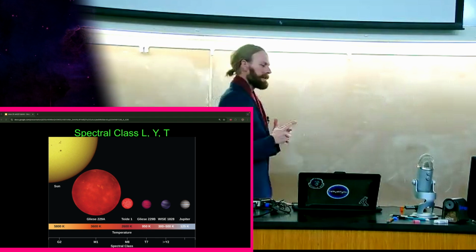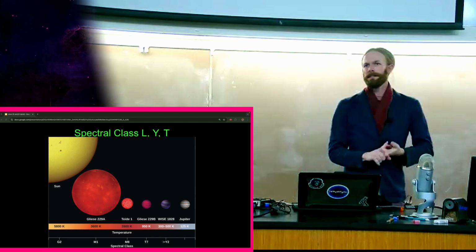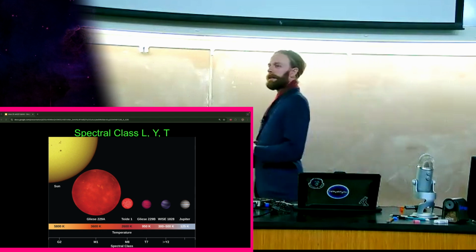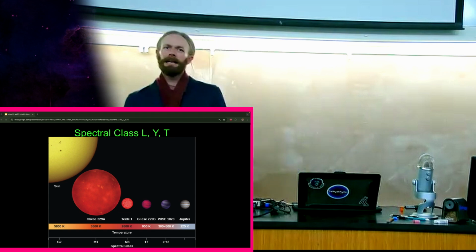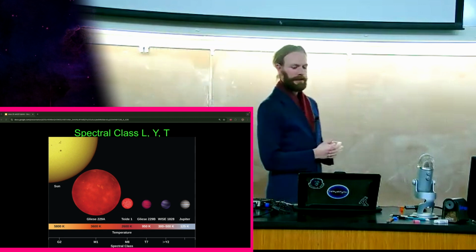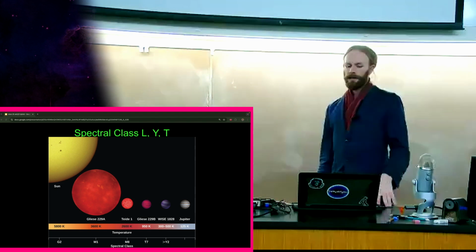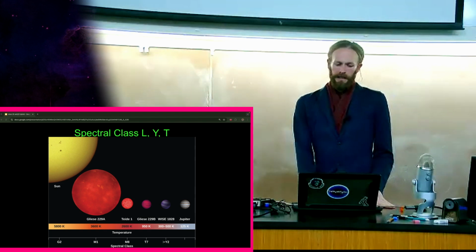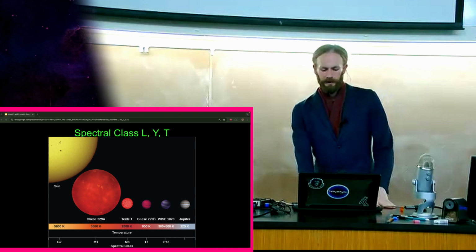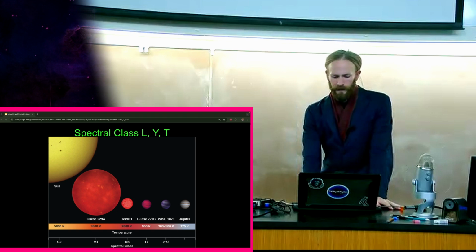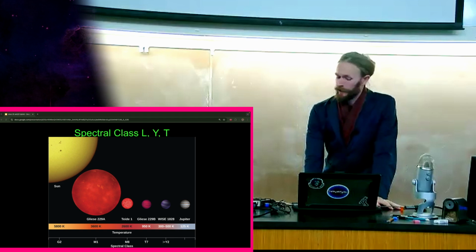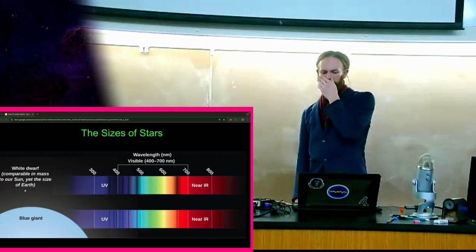So there seems to be some relationship between hotness and size. It might be complicated if we're misinterpreting the black body curves, but there's some trend available there. But it's not quite that simple for us.